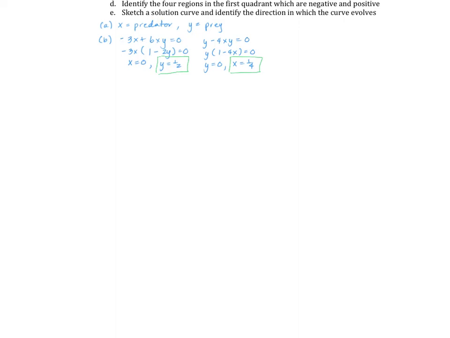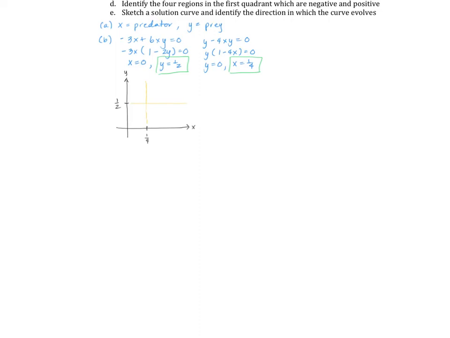So the next part is to find the equilibrium points. What I'm going to do is a sketch of the first quadrant. I'll call this X and Y. Let's say that this is 1/4, and here we have 1/2 on the Y. I'm going to break up the first quadrant into fourths.